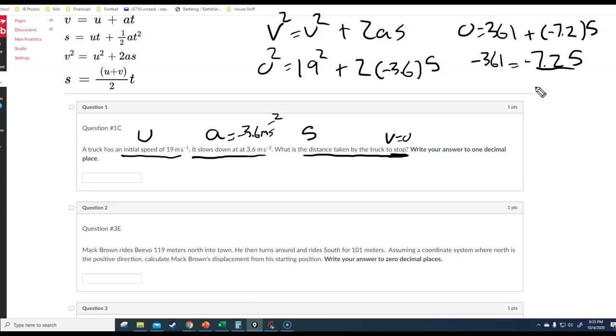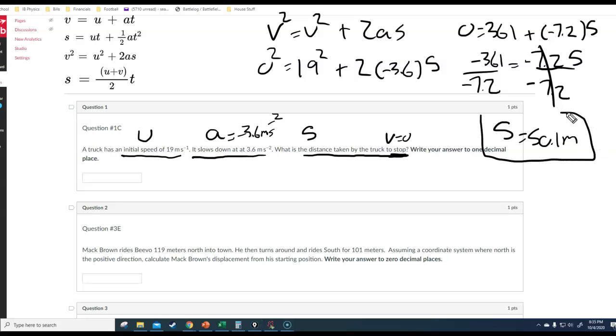And then I'm going to divide both sides by the negative 7.2. And that gives me my displacement in this case, which is 50.1 meters. And of course, that is not going to be the same value that you have because each test had different numbers. Okay, but that's how you would approach question 1C. Pause it there if you need to look at that.